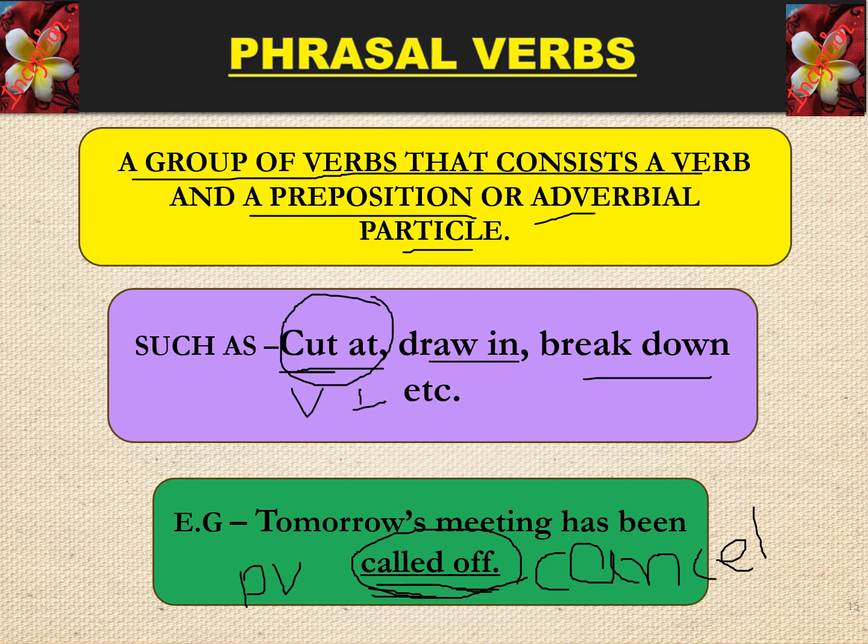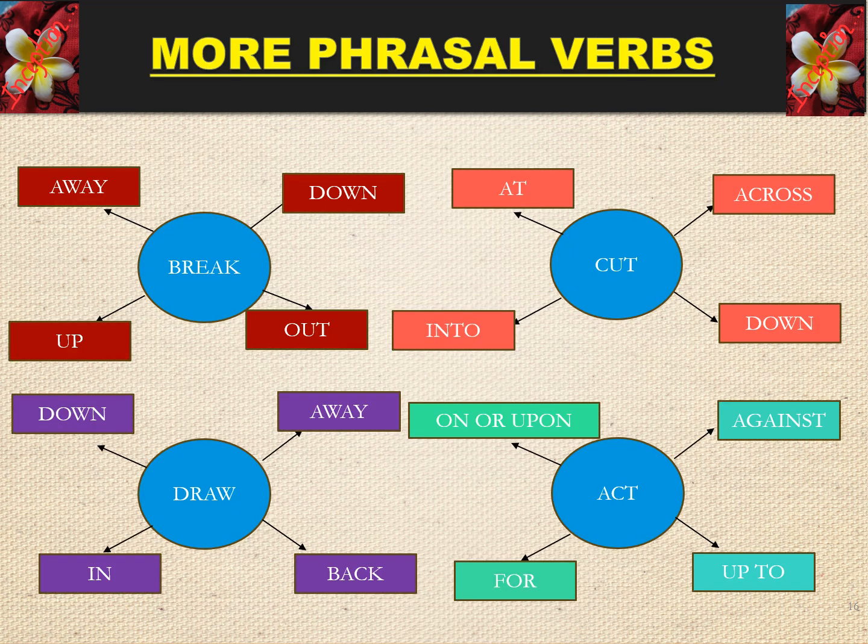Let's see some examples. Okay, here main verb is break. By joining these four words we will get four phrasal verbs: break down, break out, break up, and break away. Okay, next, cut is the main verb.